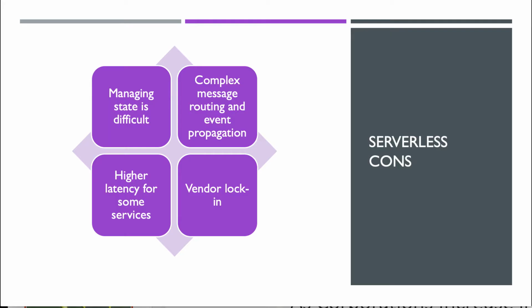And the cons, well, in this new architecture where messages are being passed from function to apps to other functions, managing state is quite difficult. And so you have to focus on that.